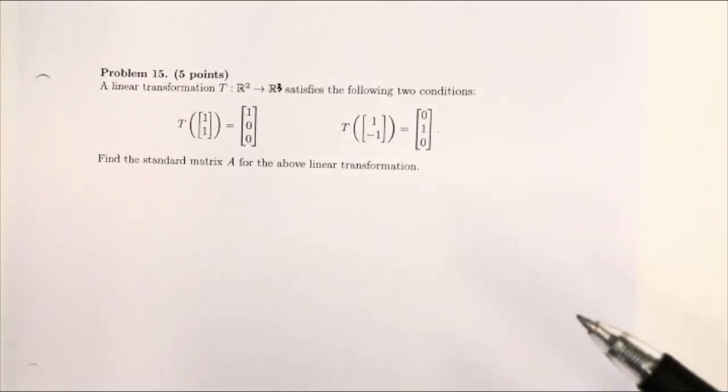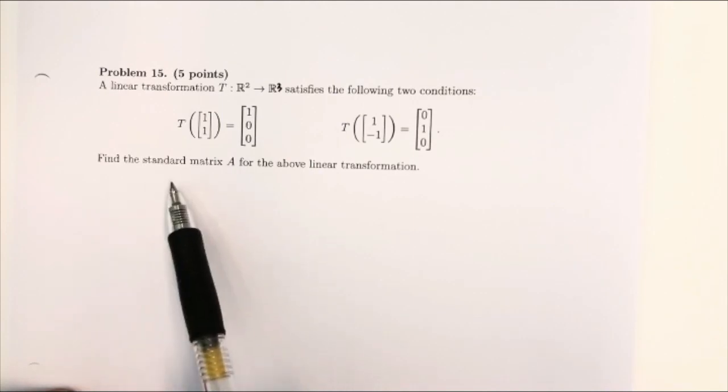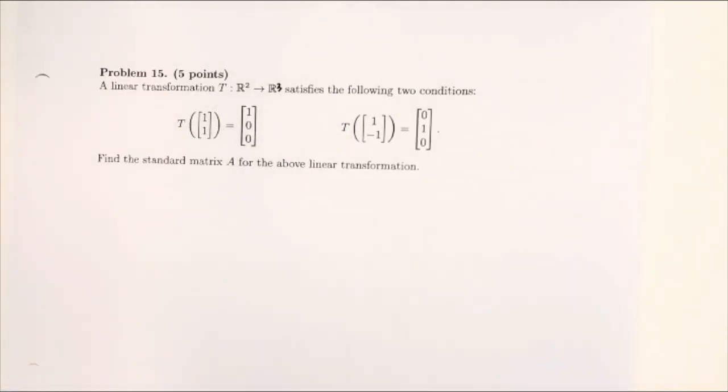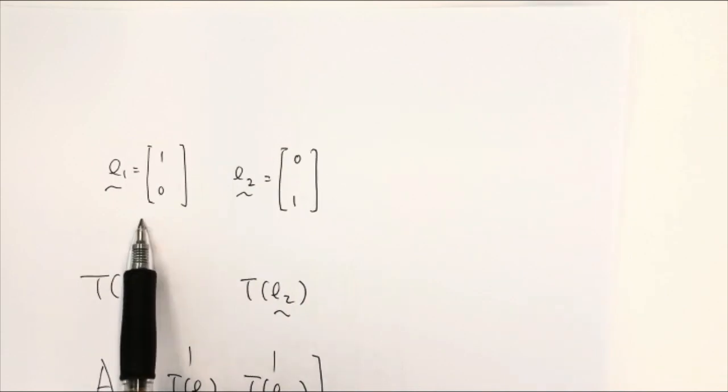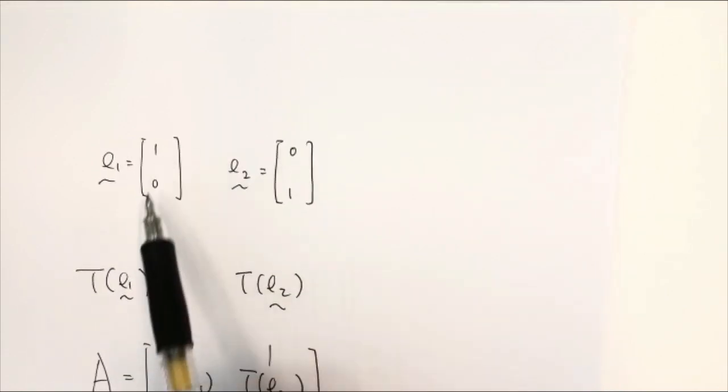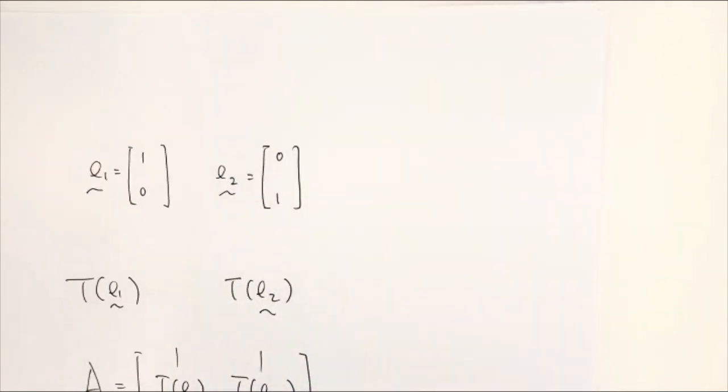We know that all linear transformations are matrix transformations. Therefore, the question asks us to find the standard matrix for this linear transformation. Now, the theory says that in order to do that, we have to look at the two vectors of our standard basis, E1 and E2, which are (1, 0) and (0, 1) in R2.